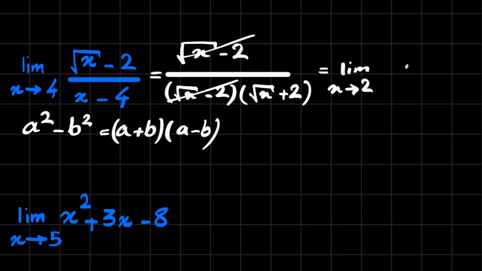This one is going to be 1 over square root of x plus 2 as x approaches 2.